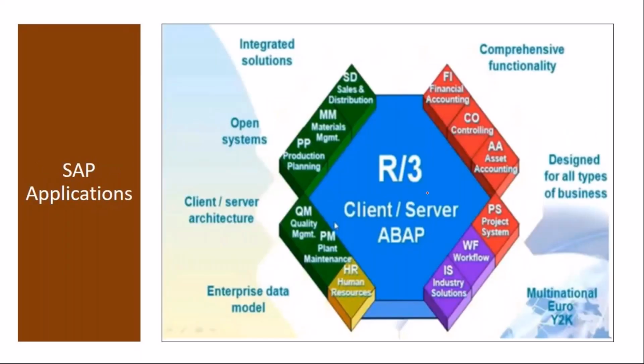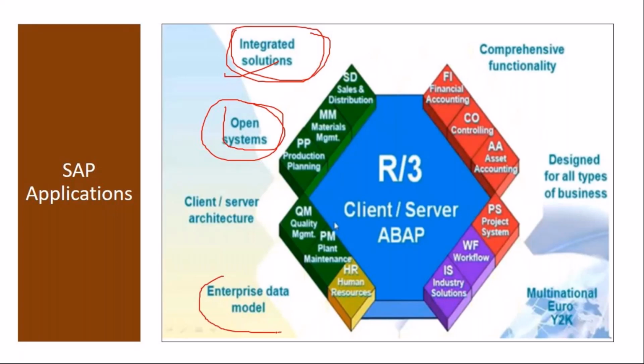Okay, so the basic advantage of using SAP is that it has integrated solutions. For all types of business processes, they have integrated solutions: purchasing, sales, manufacturing, finance, inventory. It is an open system. You can integrate with any other system. It has the enterprise data model.